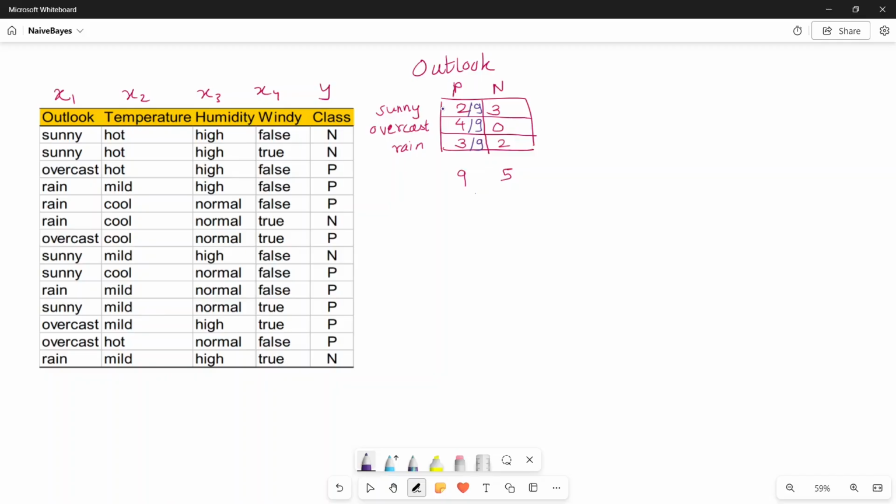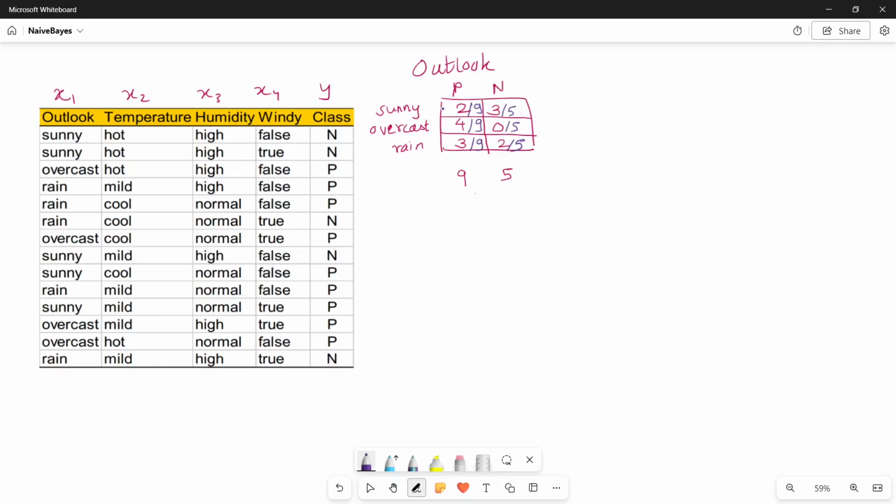So I have restricted my sample space only to the P outcomes. Similarly in this case it is 3 by 5, 0 by 5 and 2 by 5. I have restricted my sample space to only the does not go out to play. So only 5. Out of those 5, what is the probability that it is sunny? It is 3 by 5. And what is the probability that it is raining? It is 2 by 5.